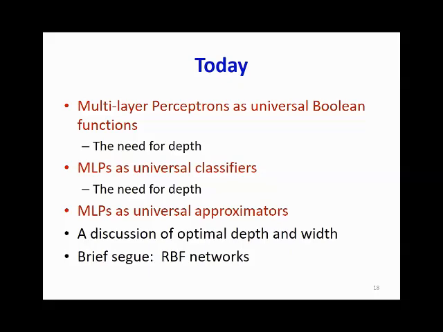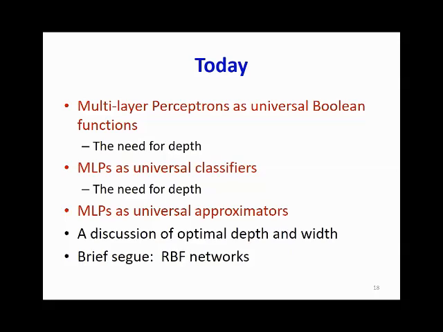We will see that multi-layer perceptrons are universal Boolean functions. What I mean by universal Boolean function is you give me a Boolean function and I can construct an MLP that computes it. In this context, we will discuss why depth is necessary for the network. We will also see that MLPs are universal classifiers.